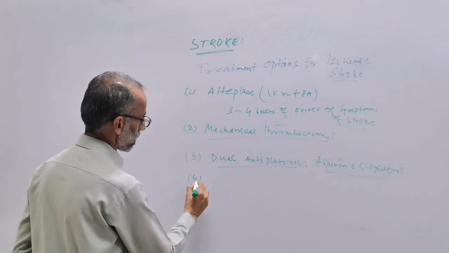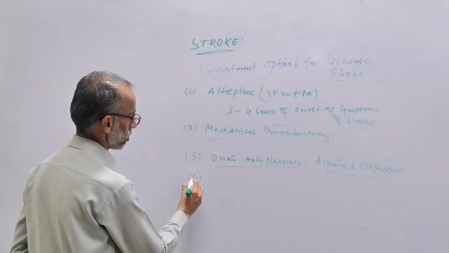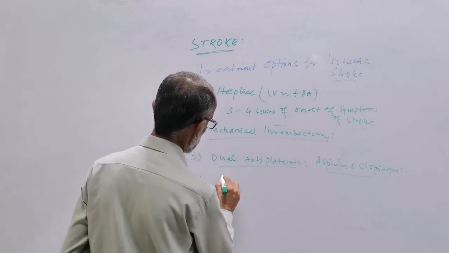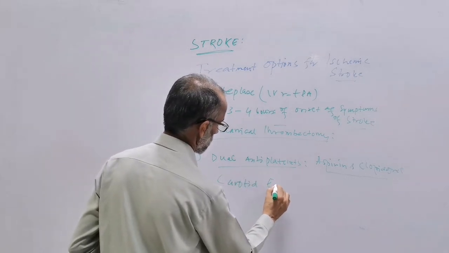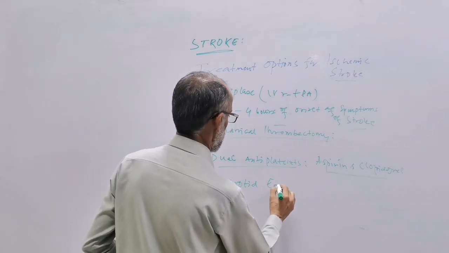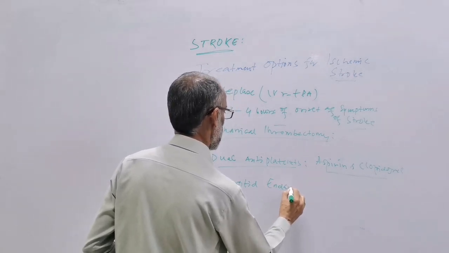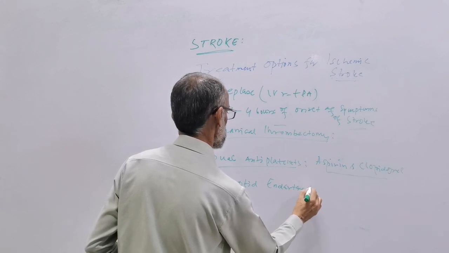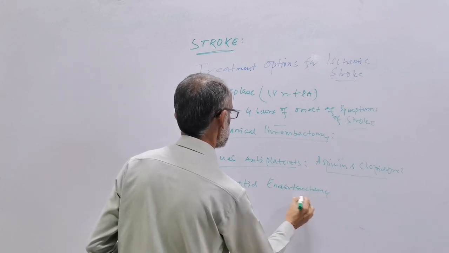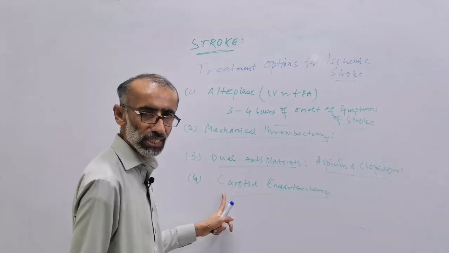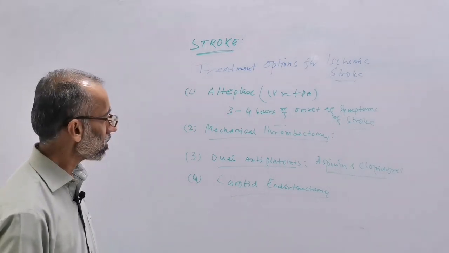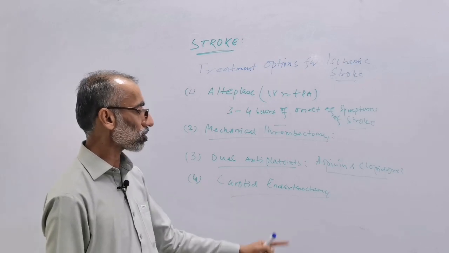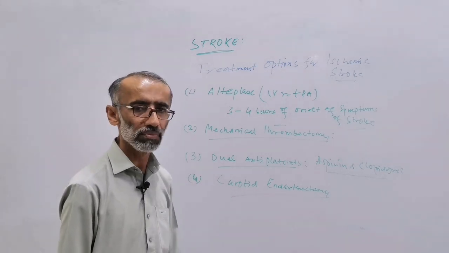The fourth option, carotid endarterectomy. If there is carotid stenosis of more than 70 to 99%, we have to do carotid endarterectomy.